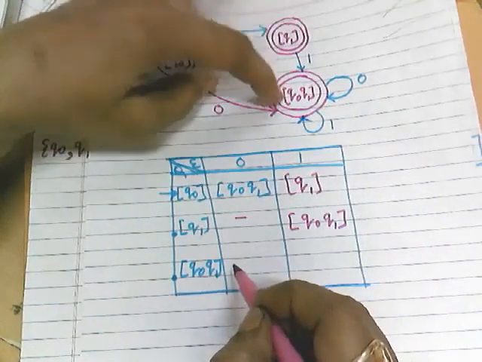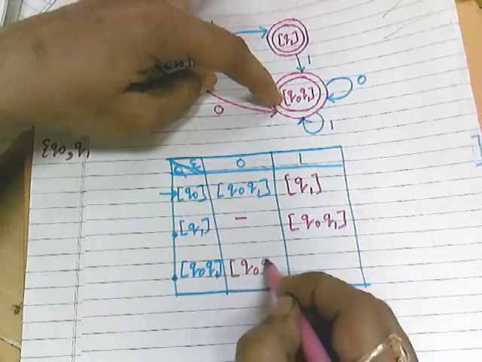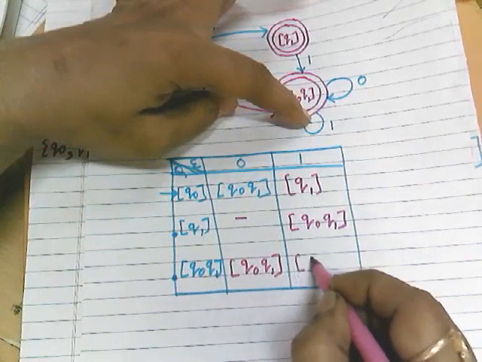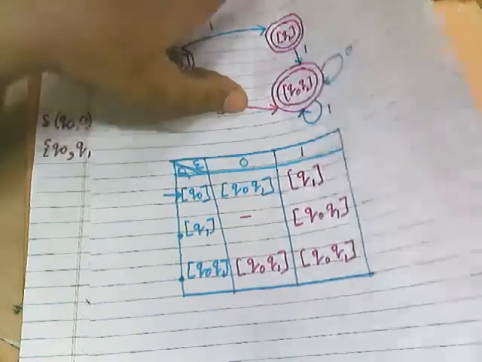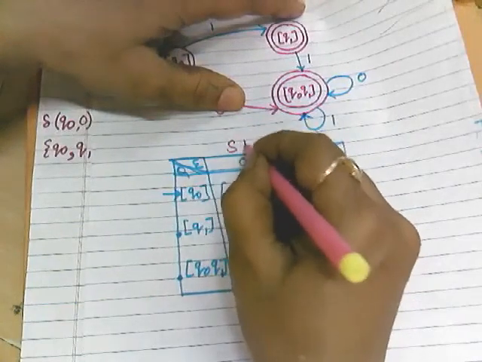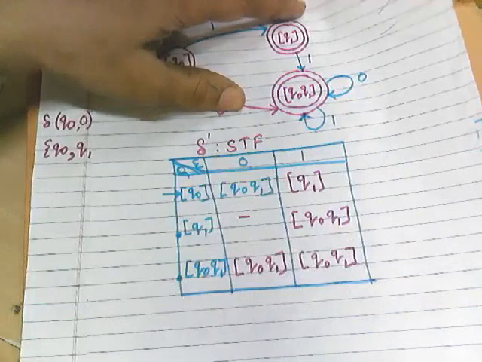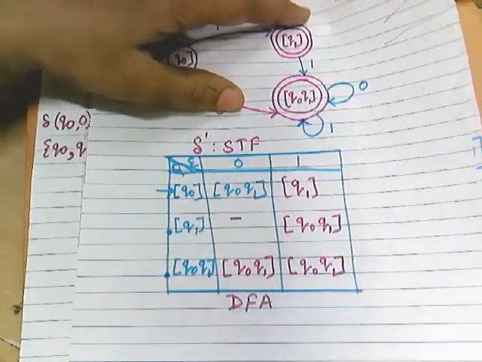Next, Q0 Q1 on 0 moves to Q0 Q1, and on 1 as well it is moving to Q0 Q1. So this will be my state transition function, that is my delta dash function for the DFA.